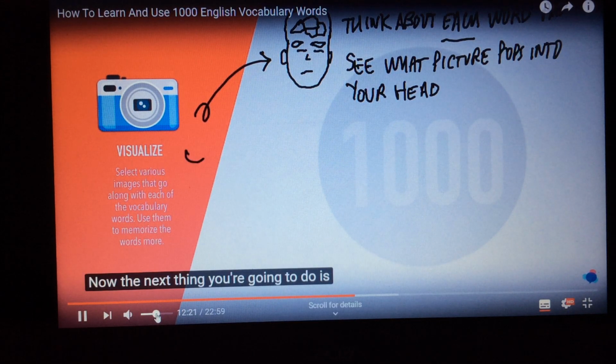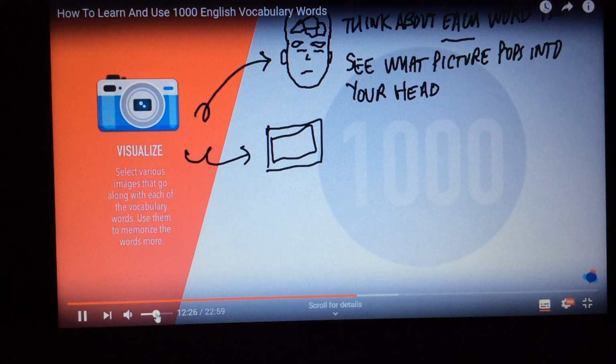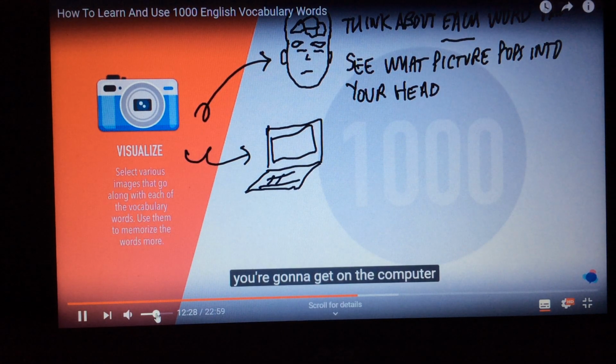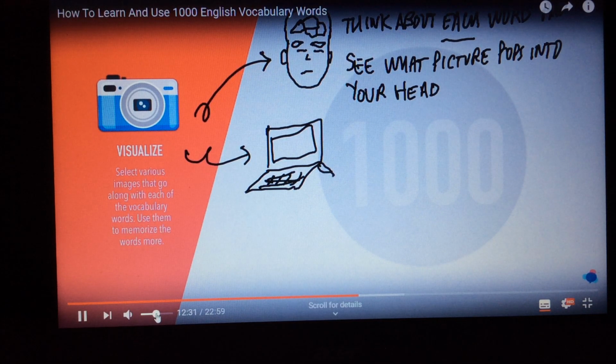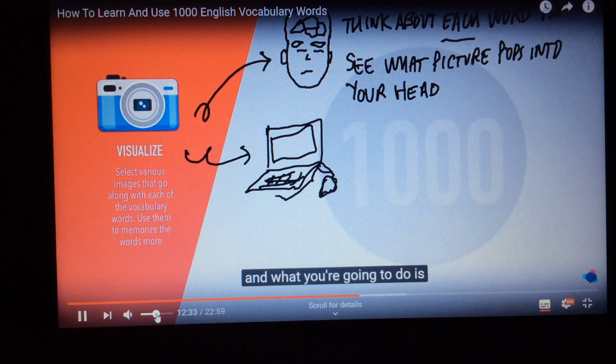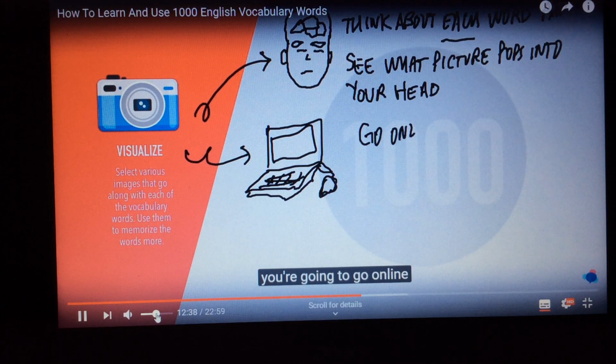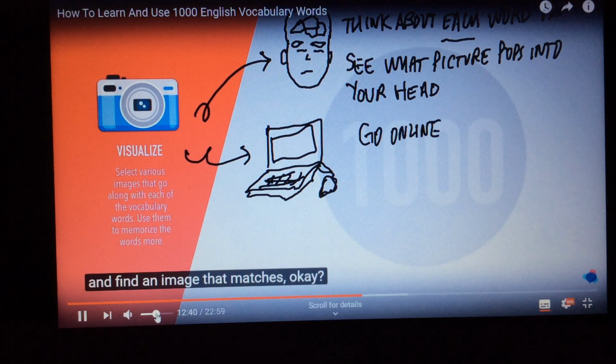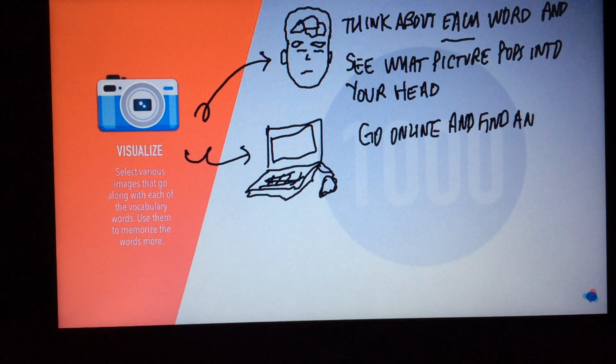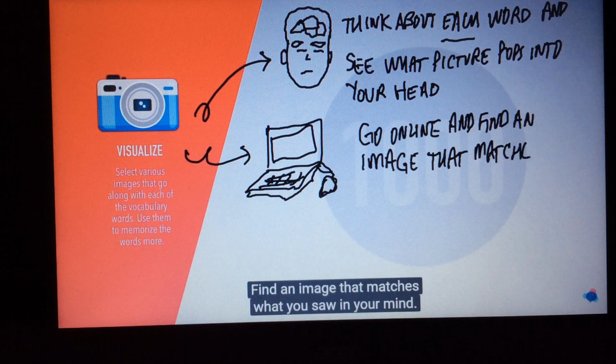Now, the next thing you're going to do is you're going to get on the computer. Yes, you're going to get on the computer. All right? And what you're going to do is you're going to go online and find an image that matches what you saw in your mind.